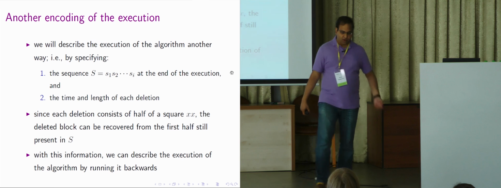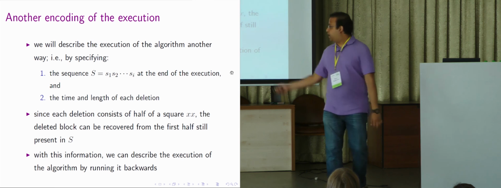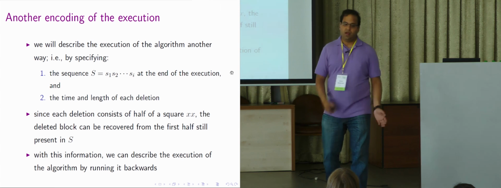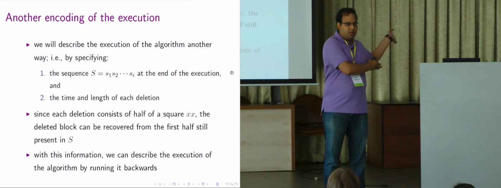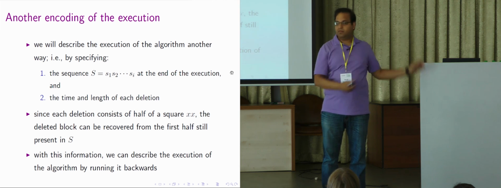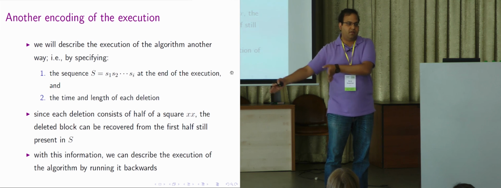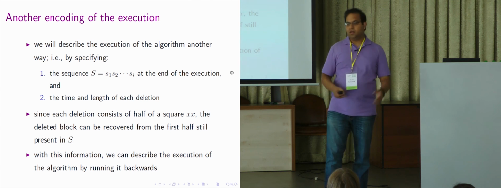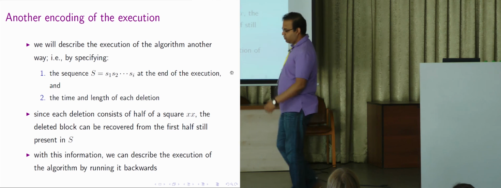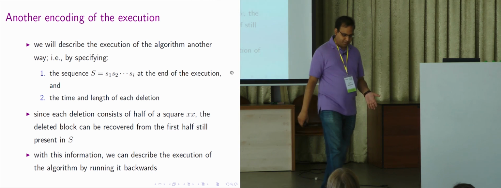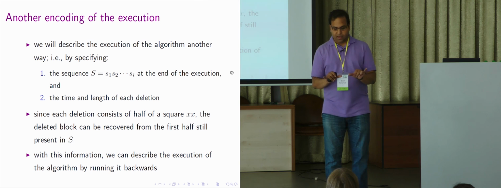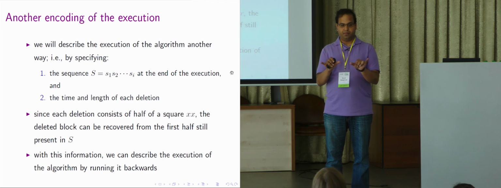So the point is, of course, that if I have this information, I can run the algorithm backwards using this information. I can reconstruct the algorithm by running it backwards, because whenever a deletion happens, remember, a deletion is the second half of a square.